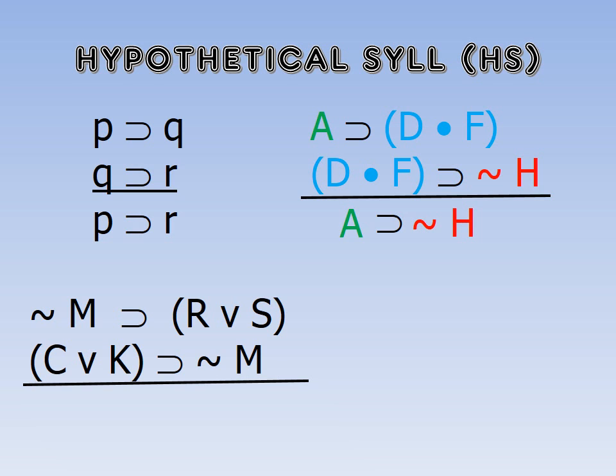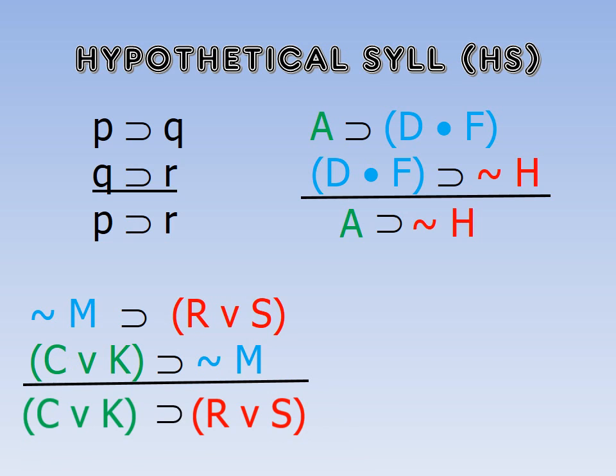Notice that tilde M is implied by one proposition and tilde M implies another proposition. Consequently, that makes tilde M a good link-up term between the propositions in question. We can tell from these two premises that the disjunction of C and K leads to the disjunction of R and S.